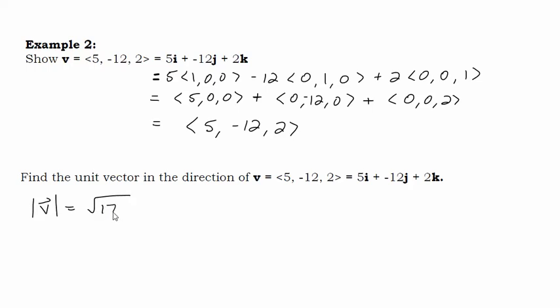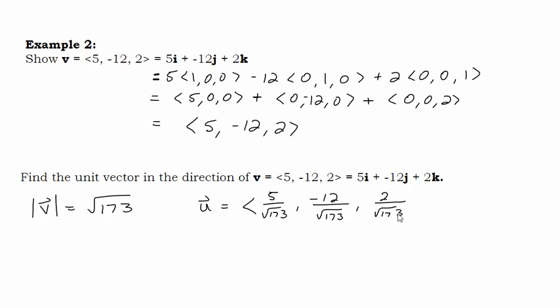So if I want some vector u, we'll say that's a unit vector, if I want that vector to have magnitude 1, then what I'm going to have to do is divide every component of v by the square root of 173. And by keeping these components the same, I'm keeping the vectors parallel to each other.